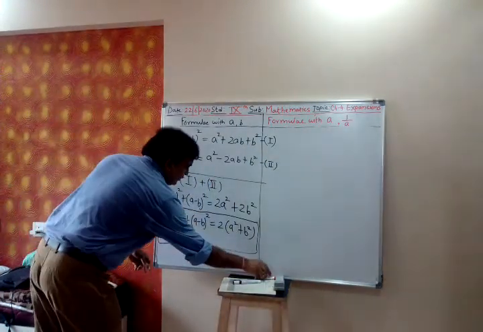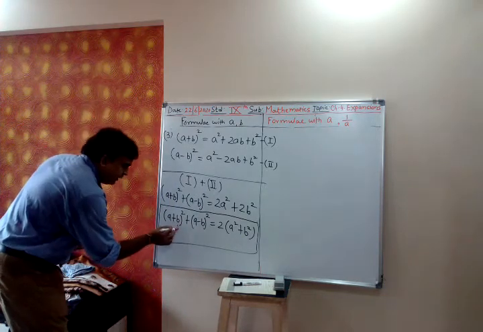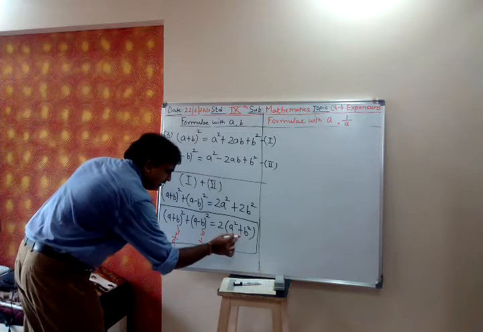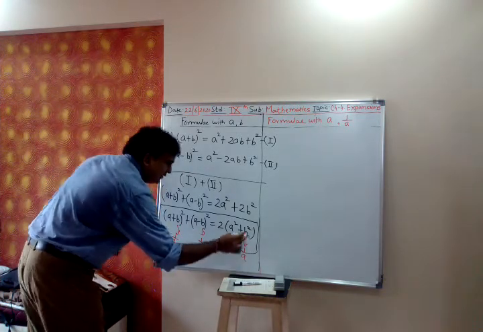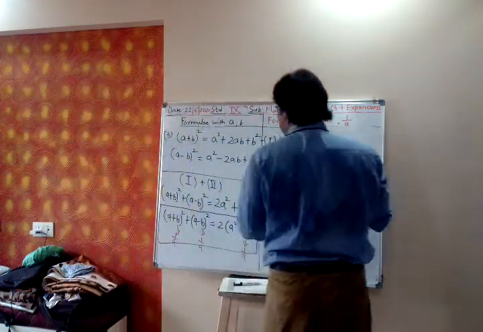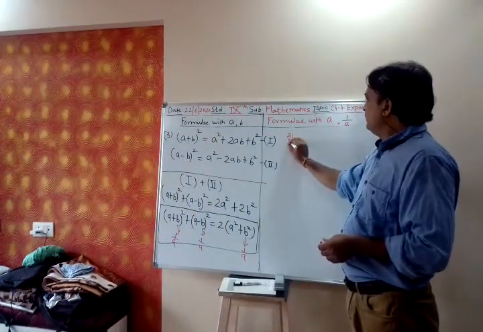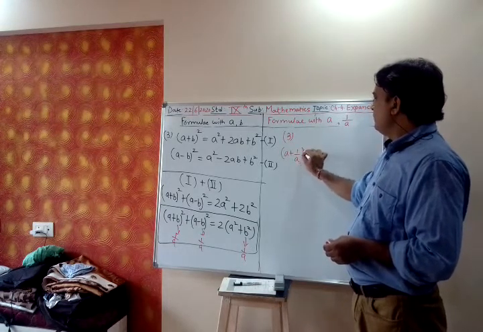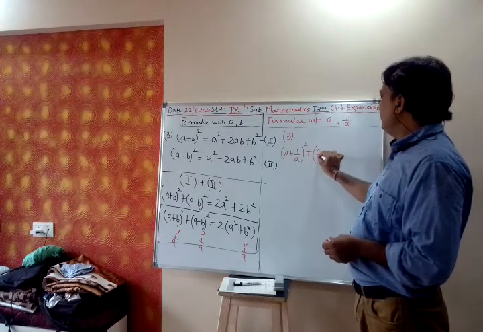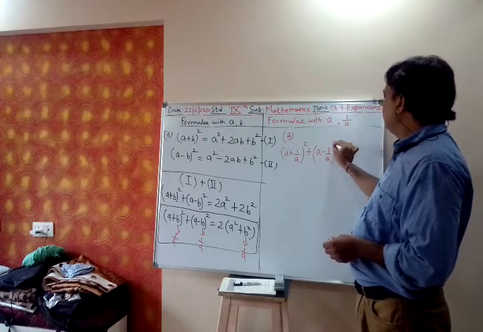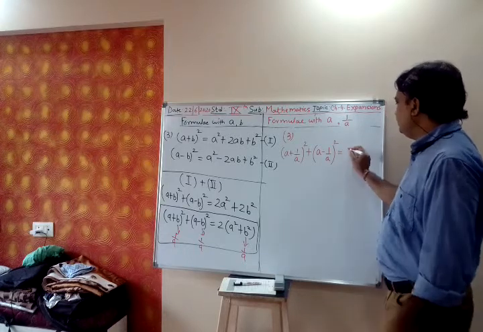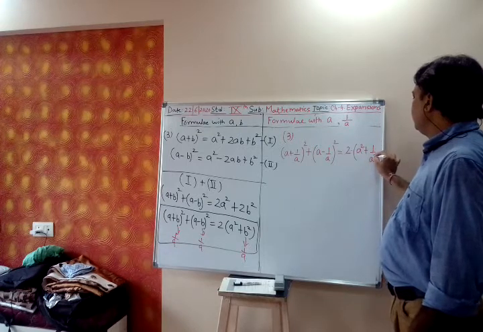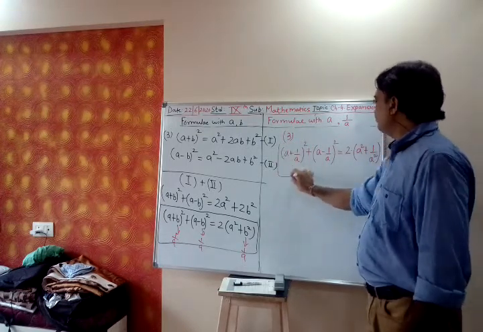Now the same formula I will write for 1 upon a. So I will replace b by 1 by a everywhere, and write the third formula for this. So what is that? a plus 1 upon a whole square plus a minus 1 upon a whole square is 2 into a square plus 1 upon a square, and this is the third formula.